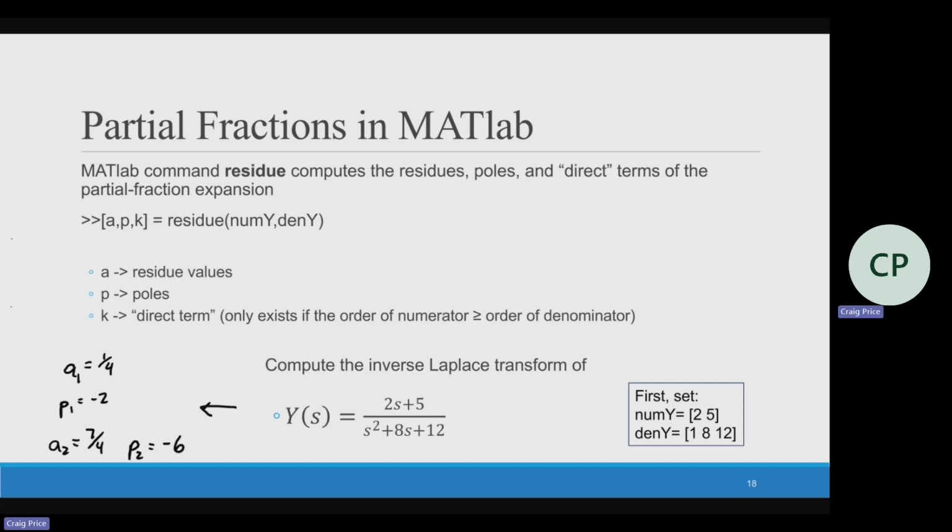If you put in your numerator and your denominator, it's going to give you A1, which is 1/4. That corresponds with the root, or the pole, which was -2. And then it would also give you the other one. So once I have y as a function of s, I can use MATLAB to solve for those constants.